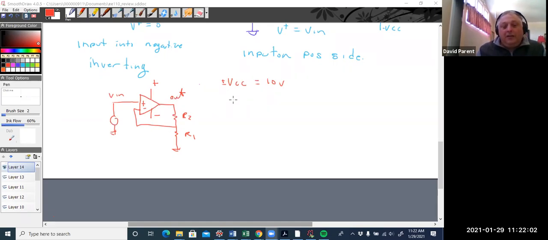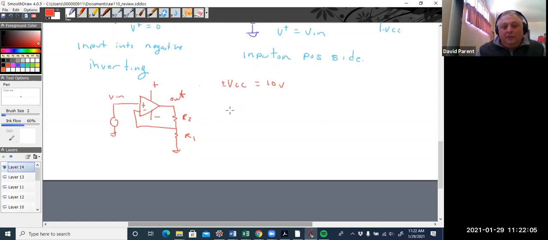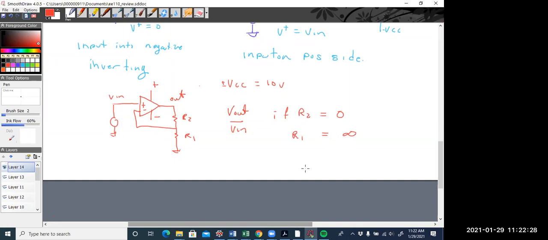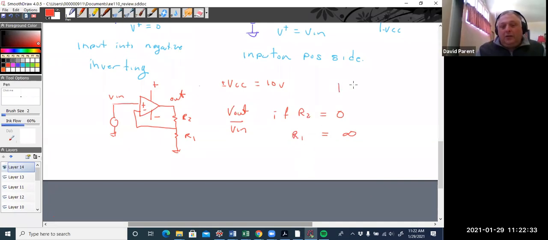All right, now here's another question. What's V out over V in if R2 is 0 and R1 is infinite? I think it's 1. Right. I mean, the equation for the gain is here.